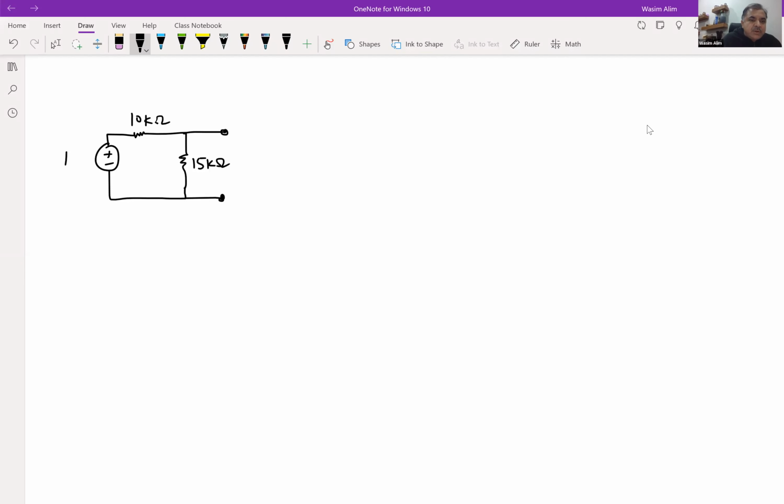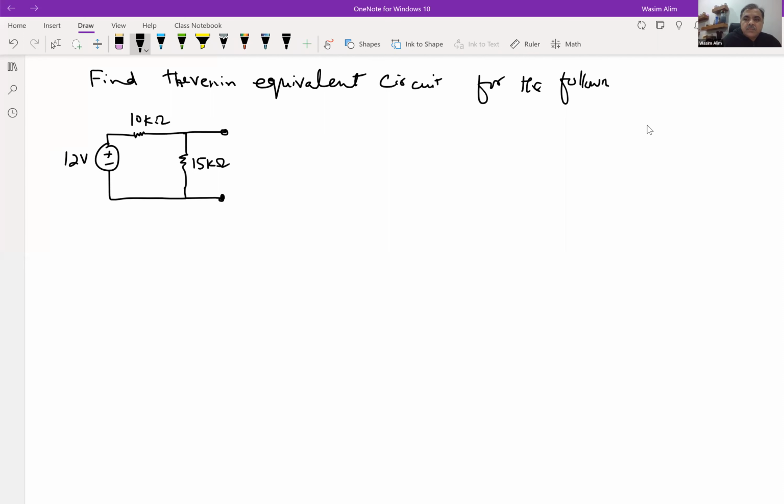We have a 12 volt source voltage and we're asked to find the equivalent circuit for this.